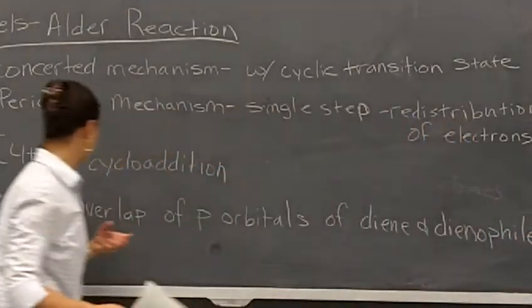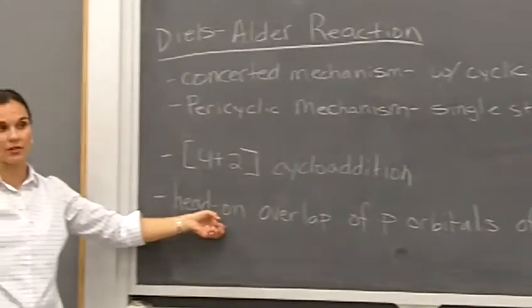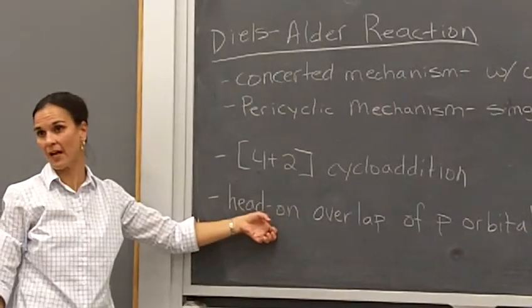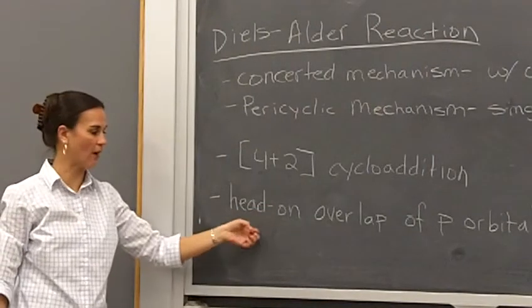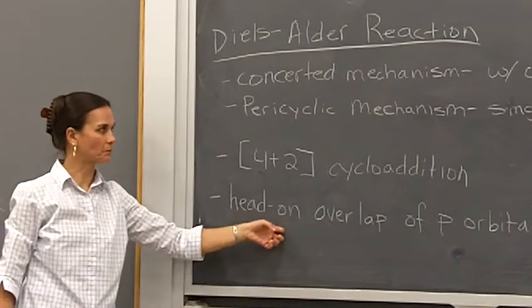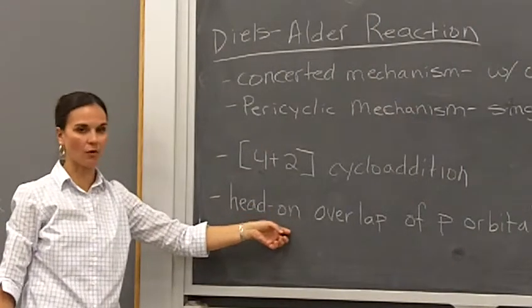This is important because this sets up how the reaction is going to actually occur. You have to have this overlap for the reaction to occur. So that also sets up what products you're going to get out of it.